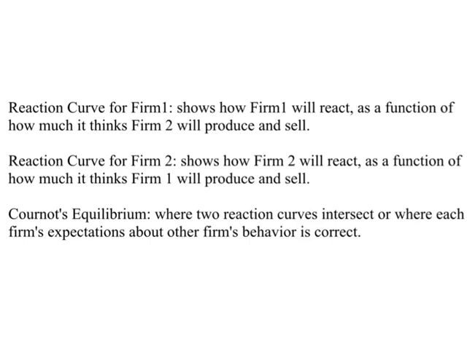So this is what the reaction curve for firm 1 shows. In a similar way we define the reaction curve for firm 2, which simply shows how firm 2 will react as a function of how much it thinks firm 1 will produce and sell, and it's essentially firm 2's reaction to different conjectures that firm 2 makes about firm 1.